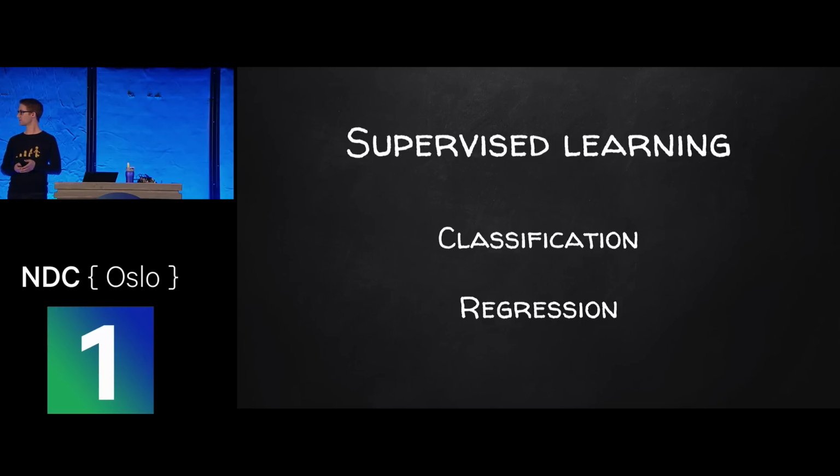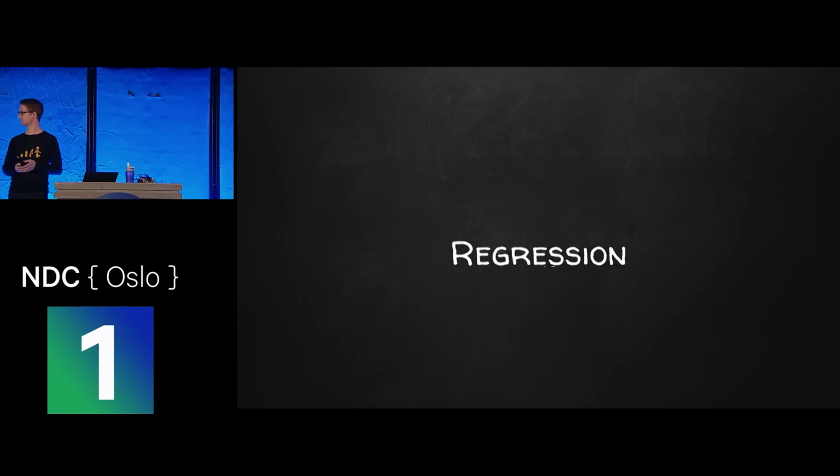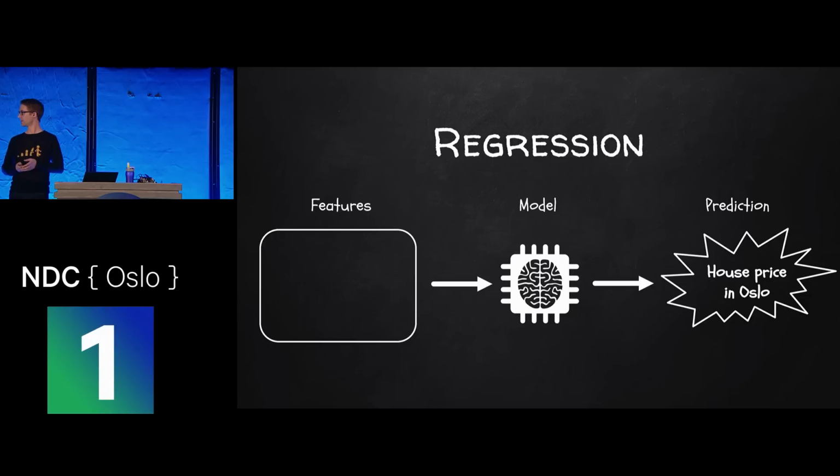So let's look at regression. For example, if we want to predict house prices in Oslo, this is an example of a regression problem, because a house price is a continuous value, ranging, for example, from 2 million Norwegian kroner to many Norwegian kroner.